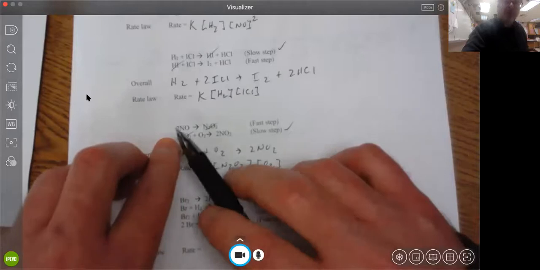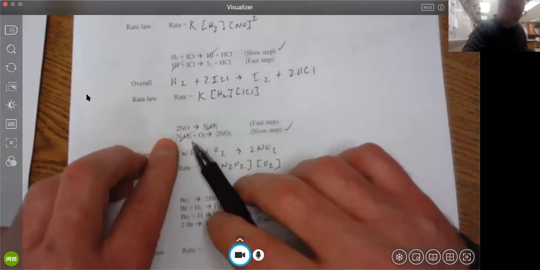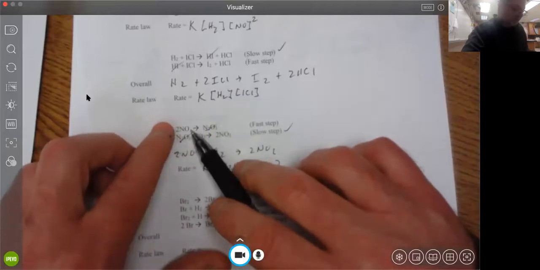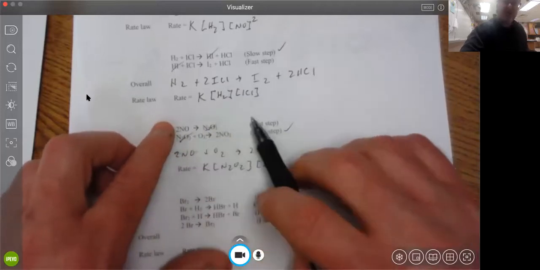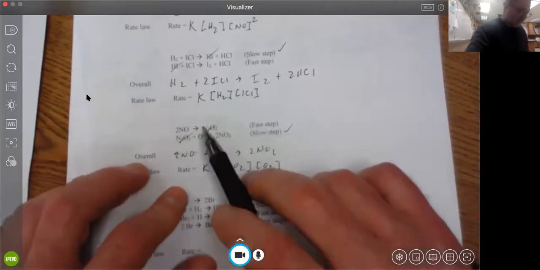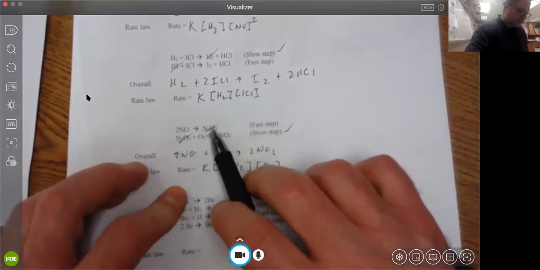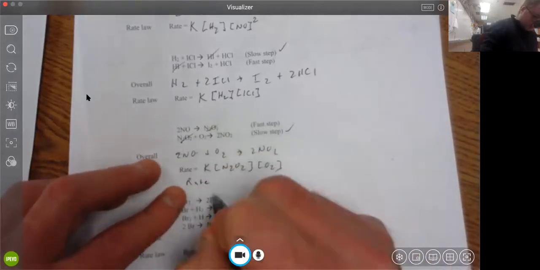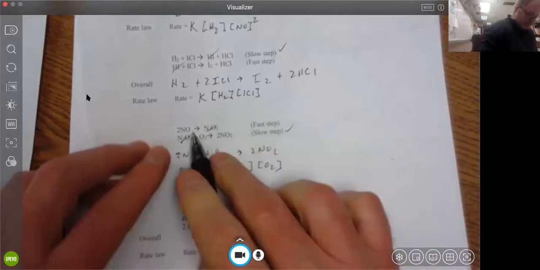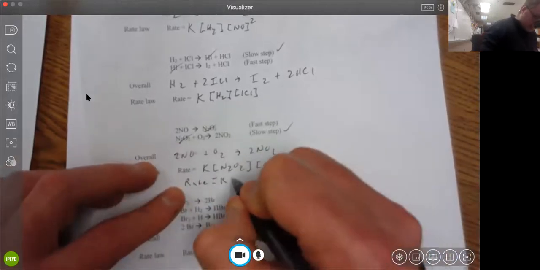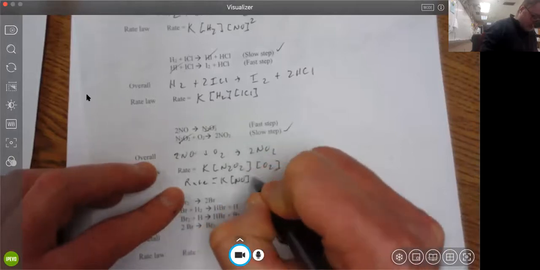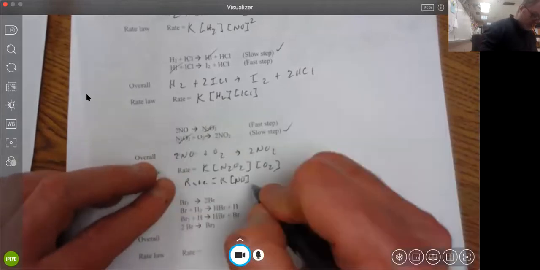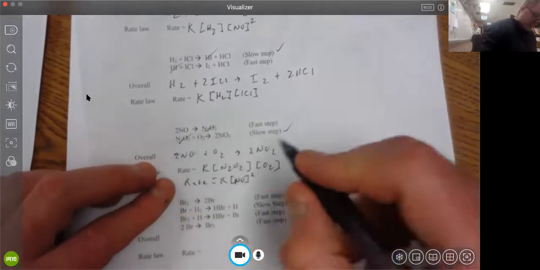Well, in order for the concentration of N2O2 to go up, we need to deal with the concentrations of the 2NO. This is a fast step, so we're going to switch this out with this. So the rate is equal to K, and then that N2O2 will be the concentration of NO. Since this is a 1 to 2, that becomes 2, so that is second order.